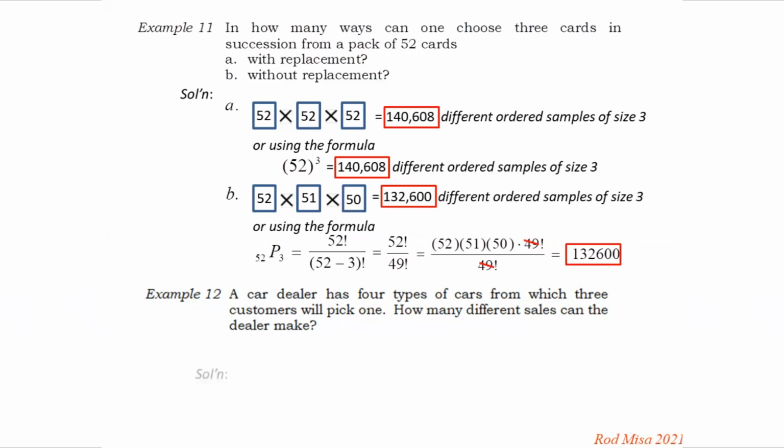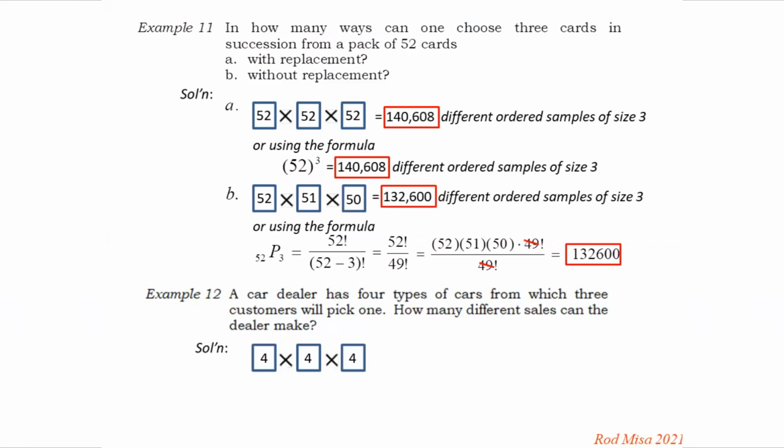So you can make here 3 boxes, and the 3 boxes represents the 3 choices of the 3 customers here, in which the first customer can choose any of the 4 types, but the second customer can still have the 4 choices because common sense would tell you that that car company has more than 1 car of each type. And also, the third customer can choose any of the 4 types there available.